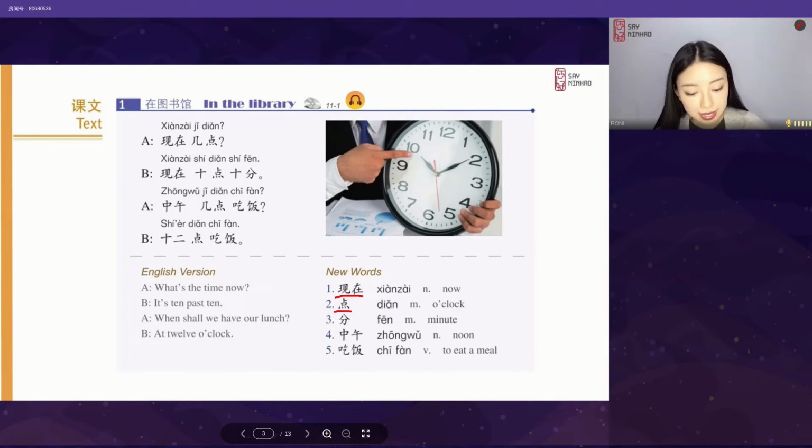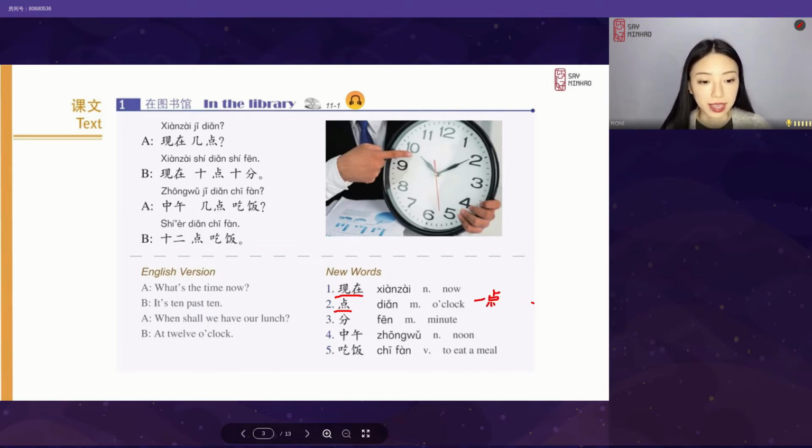Next one is 点, read after me please. 点 is a third tone word. 点, it means a clock. It is used to express a whole time, whole hour. So when you want to say 1 o'clock, you can say 一点.